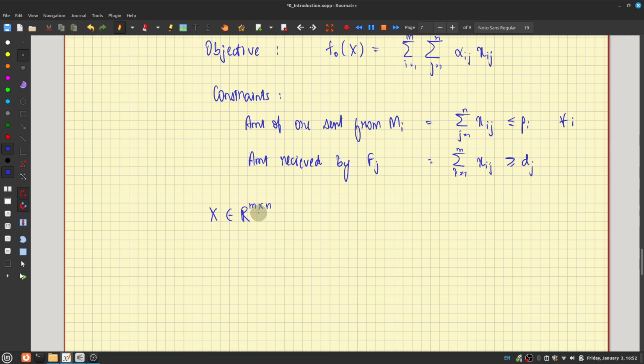I could frame this as an optimization problem with a matrix variable, or I could just stack all of them together as a single vector. And my problem would be to minimize.